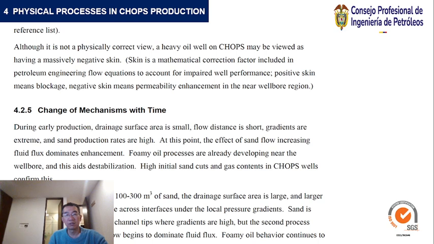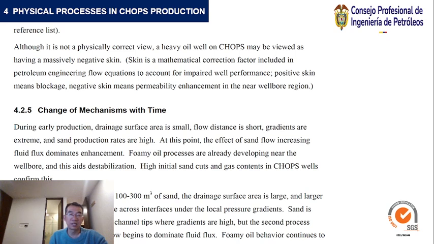Foaming oil processes are already developing near the wellbore, and this adds to it. Distillation, higher initial sand cuts, and gas contents in CHOPS wells confirm this.